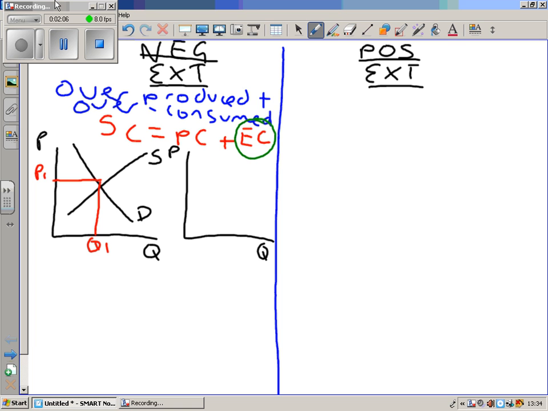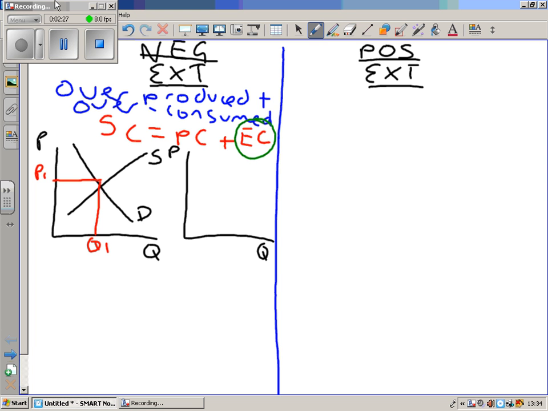At this price level, P1, supply and demand are based solely on private costs. That means the cost of making this product will not reflect the external costs. So for example, for cars, not the congestion it creates or the impact on the environment it creates, and demand will do the same. So that means the price is too low.